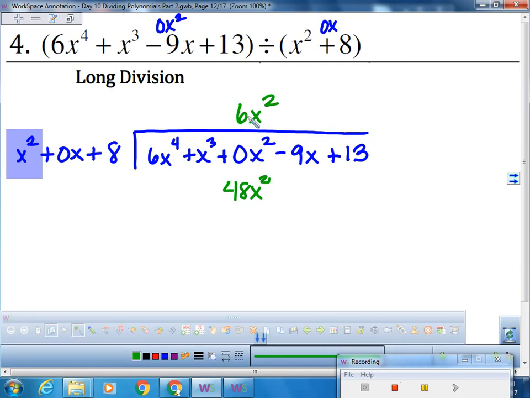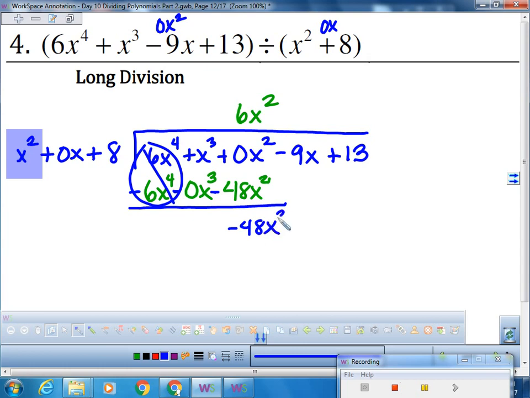6 times 0 is just going to be 0x cubed. And this is going to be 6x to the 4th. And I'm going to draw my line and change the signs. This goes away. And I'm left with negative 48x squared.